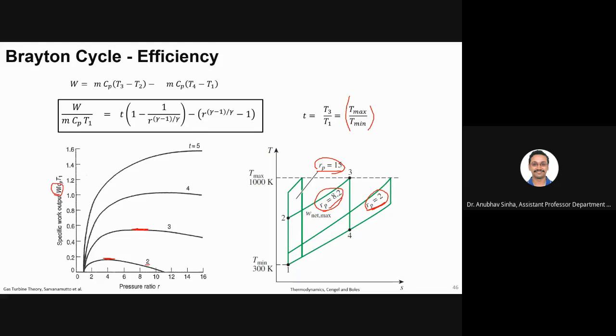Similarly for higher values, this will also fall off after some time. So it is not that you keep on increasing the pressure ratio and get higher and higher efficiency. You need to come to some optimum ratio. Fine.